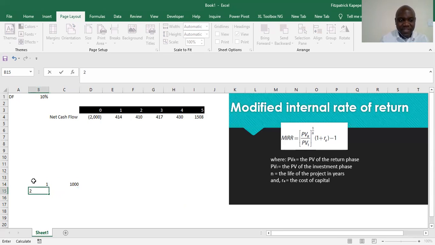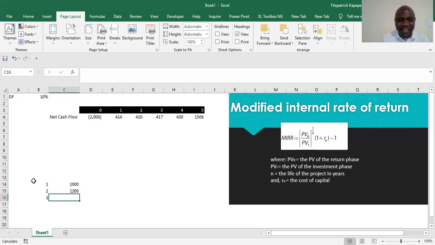In year two, just for argument's sake, you will make 1,200. These are forecasted cash inflows. In year three, you make maybe 500. So this is what is going to happen.